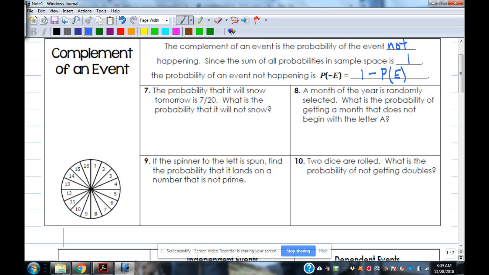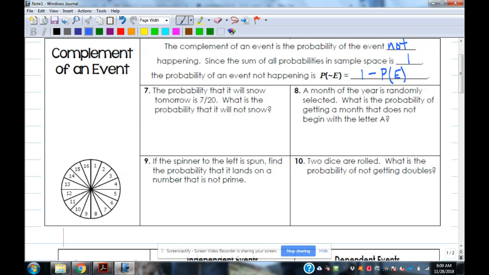Again, if I use the flipping a coin idea, if I'm saying what's the probability of this coin not landing on heads, the way you would write that would be probability of not heads. Well, that'd be 1 minus the probability of it actually landing on heads. So 1 minus 1/2 is 1/2.